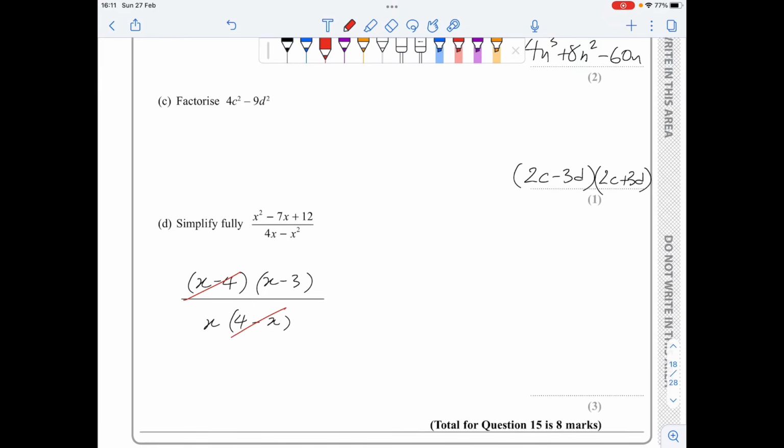The signs are reversed, so I get 1 in the denominator and minus 1 in the numerator. So if I expand, I get now minus x plus 3 over x. And if I want, I can write this as 3 minus x over x, although this one is fully acceptable.